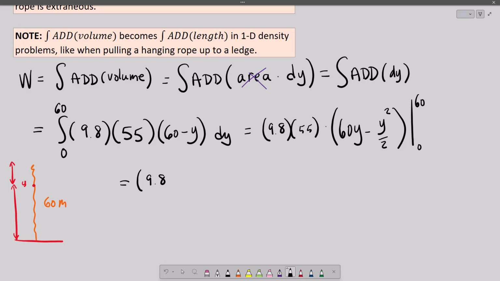So we have 9.8 multiplied by 55. And then here we're going to get 3,600 minus 3,600 divided by 2. So minus 1,800.